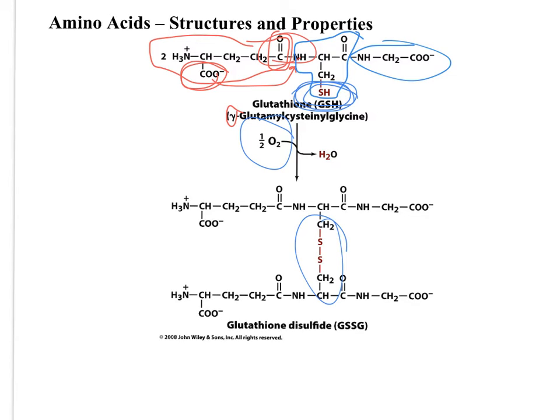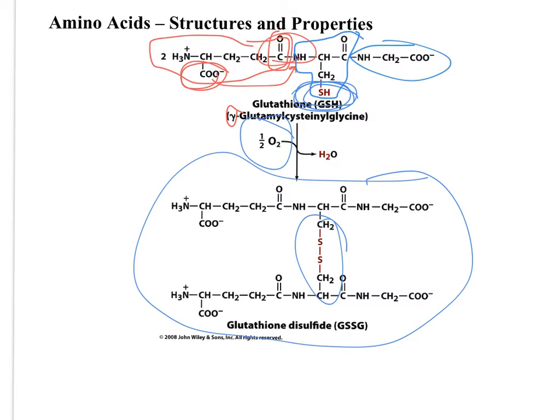And so that's one of the ways that they can deal with this. One of the natural ways that your body fights oxidative stress is this molecule glutathione, and it forms a disulfide. In this case, the disulfide is between 2 cysteines that are found in this tripeptide known as glutathione.